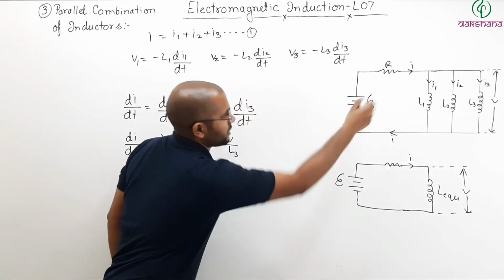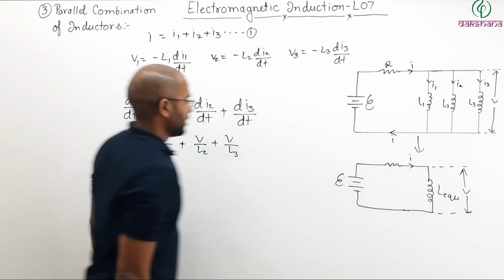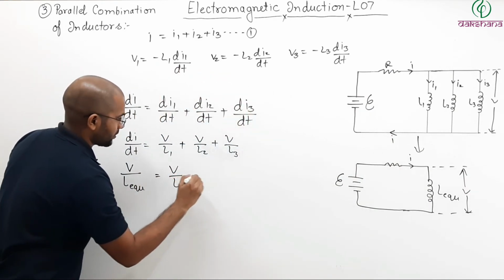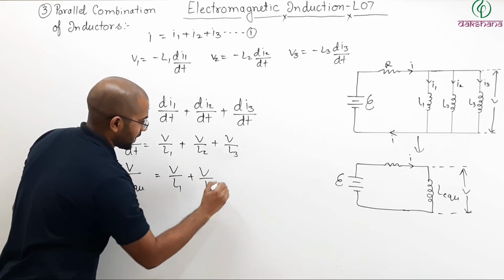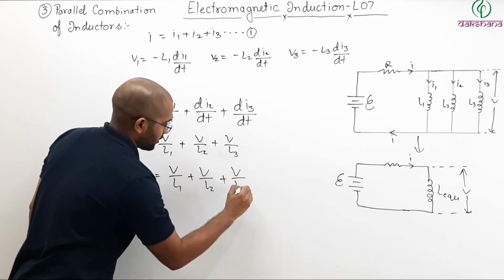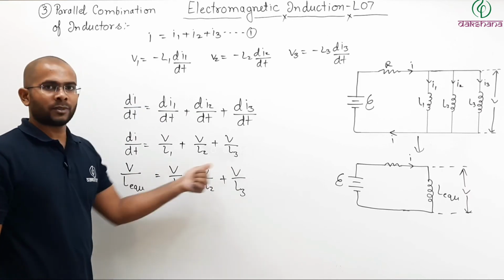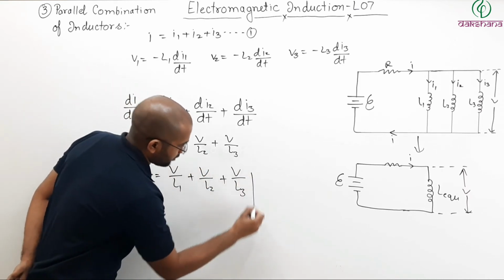EMF is the same. This is the equivalent circuit. So V by L equivalent equals V by L1 plus V by L2 plus V by L3. Cancel V from the numerator. What you will get?